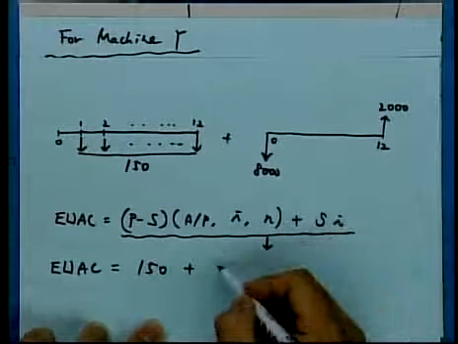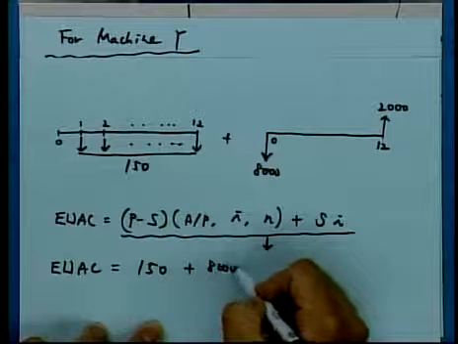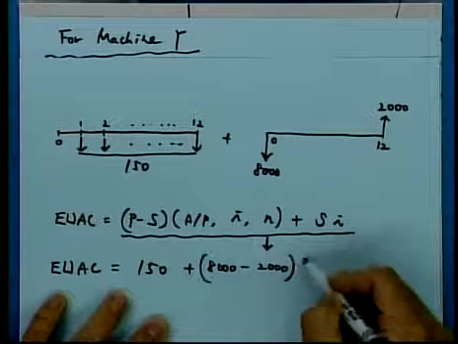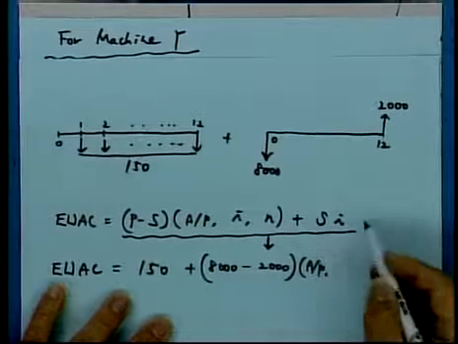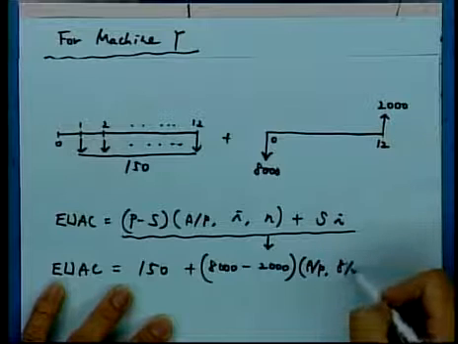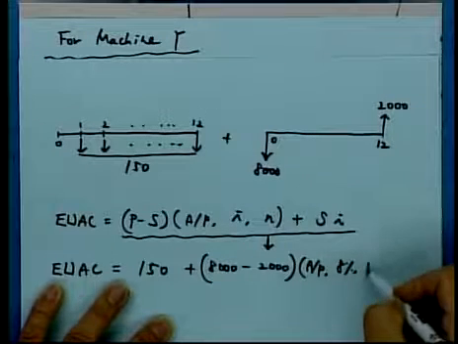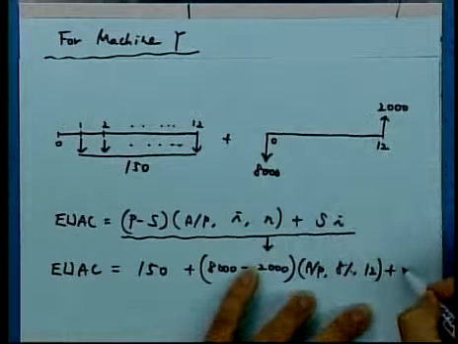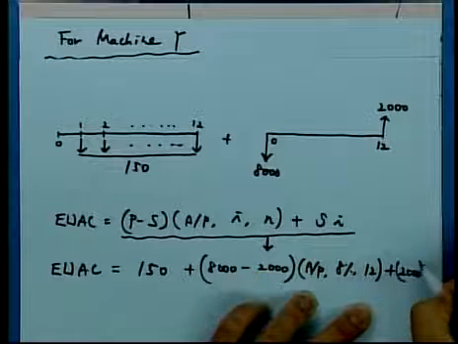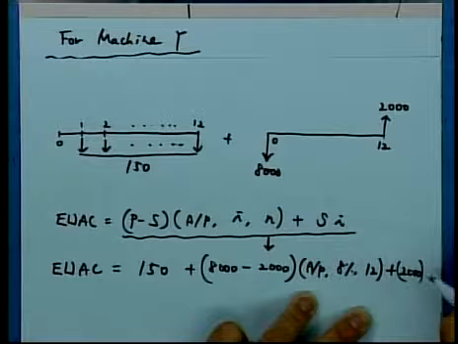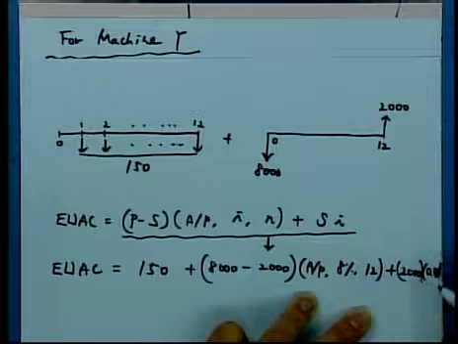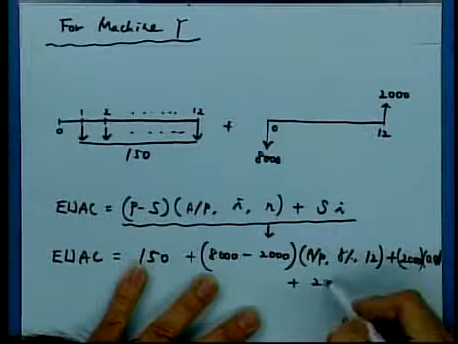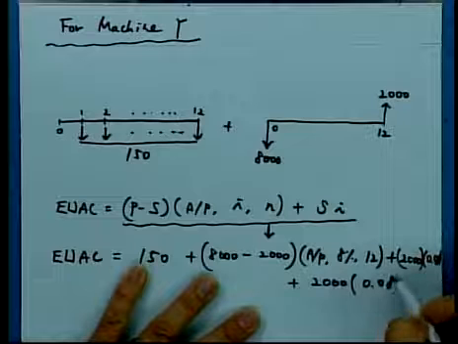So P, which is 8,000, minus S, that is 2,000, times A given P, i is 8% over 12 periods, plus S, which is 2,000, times i. i is 8%, so 0.08. Sorry, let me write down this part again: 2,000 times 0.08.